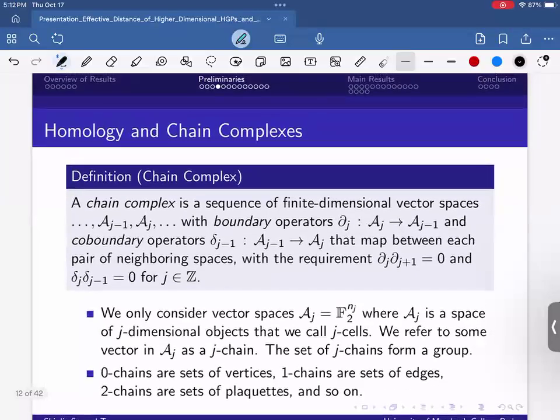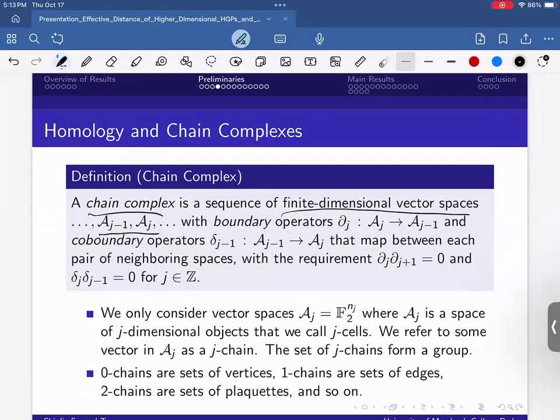And then to talk a bit about the other techniques that will be brought in the discussion later, we have to talk a bit about homology and chain complexes. So a chain complex is basically a sequence of finite dimensional vector spaces. Each of these vector spaces will be capital A with some index at the bottom.